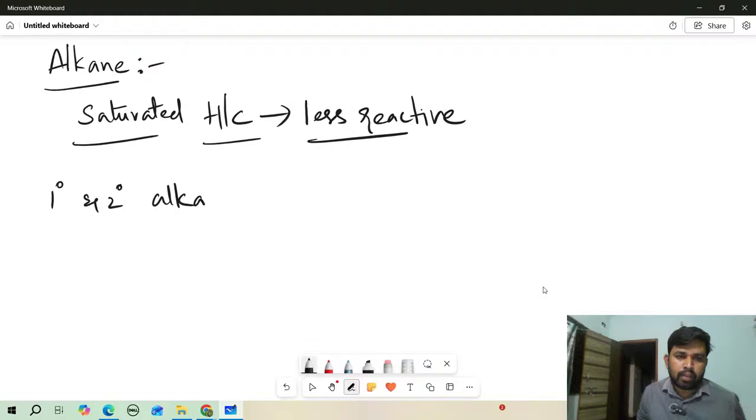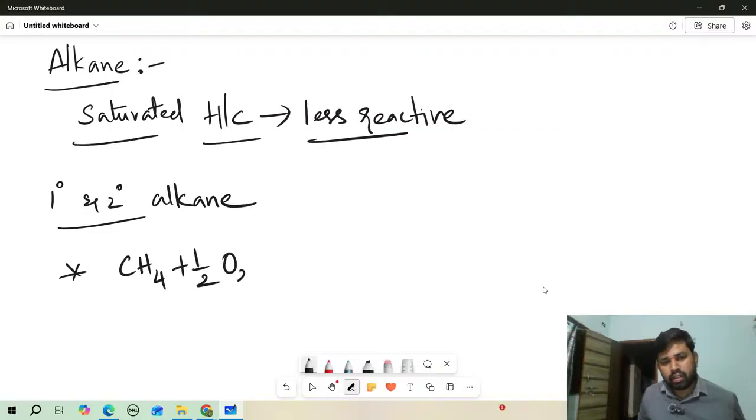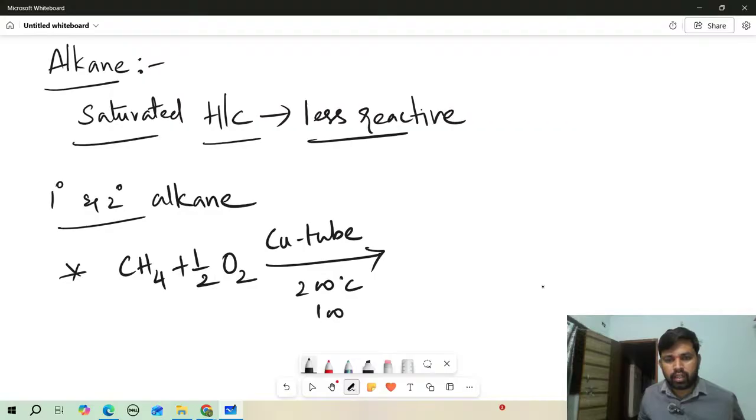Then what can we do here? Usually there is one method. We take methane and add oxygen in a copper tube, which is actually used by the industry, at 200 degrees Celsius and 100 atmosphere pressure. This is how methanol is prepared in the industry.